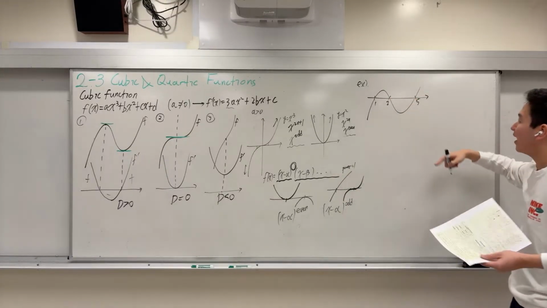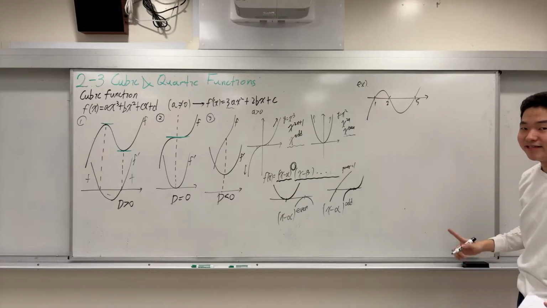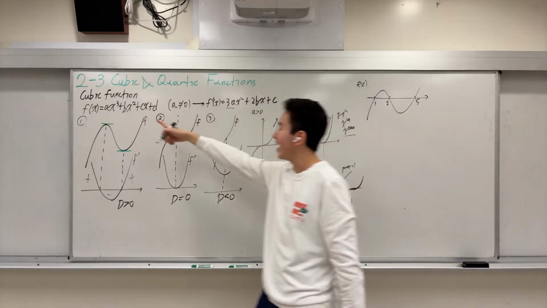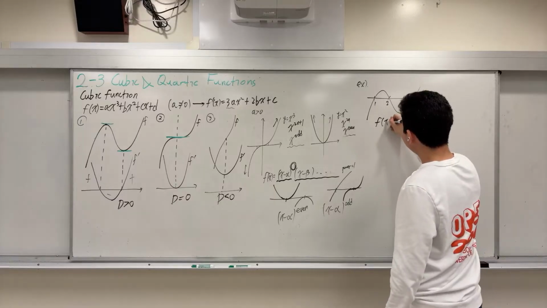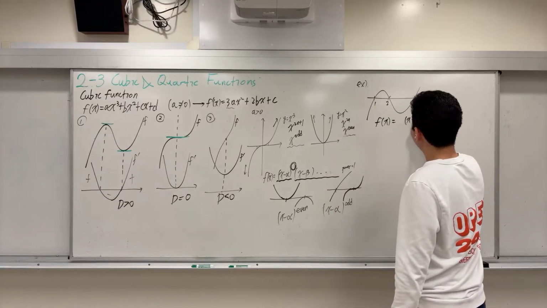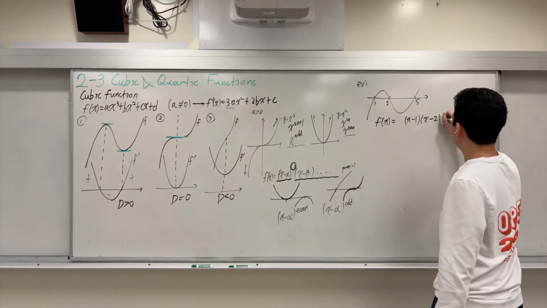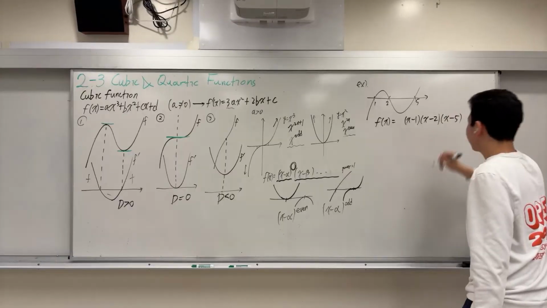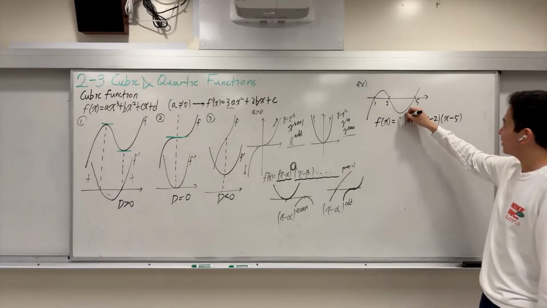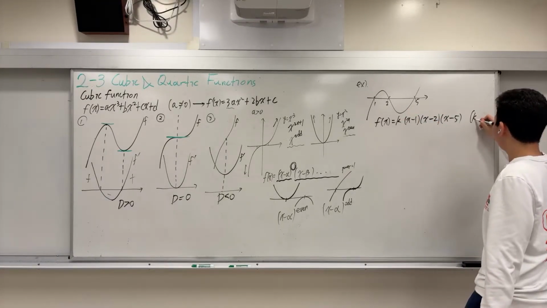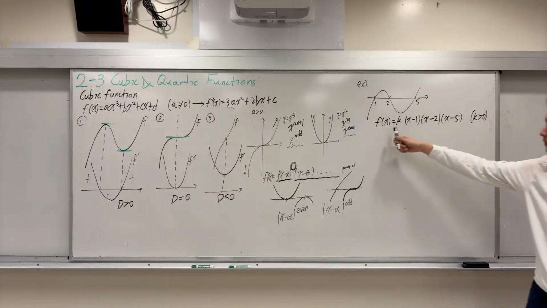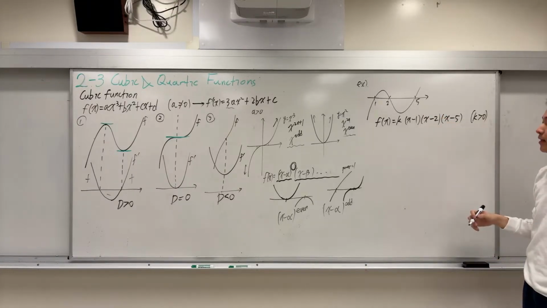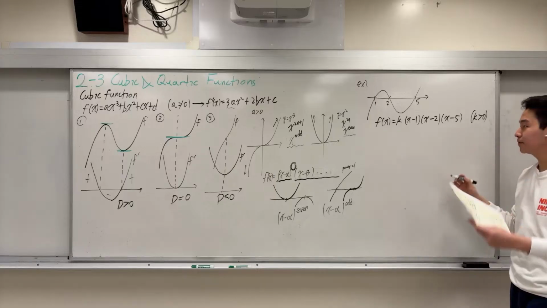So they have to have a power of 1 each, because the maximum power you can have is 3, right? And you have 3 roots. That means it's simply going to be x minus 1 times x minus 2 times x minus 5, right? And then we'll put a k in front of it, where we know that k has to be greater than 0. There we go. You just expressed this curve algebraically. So that's how you would do it.